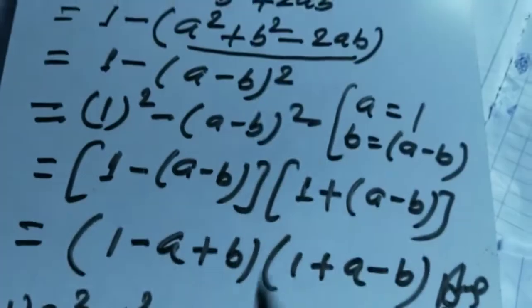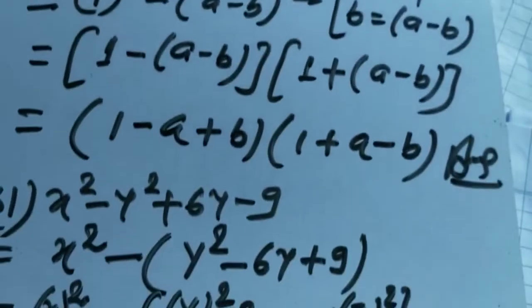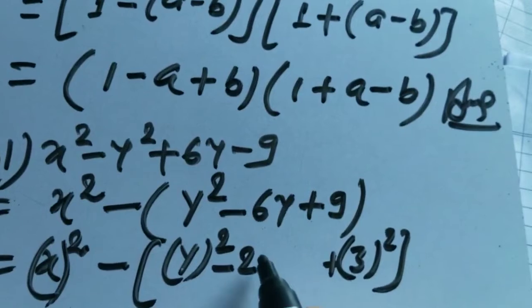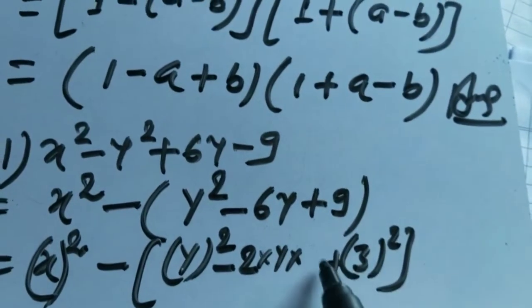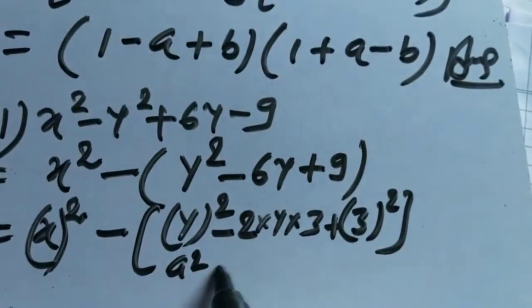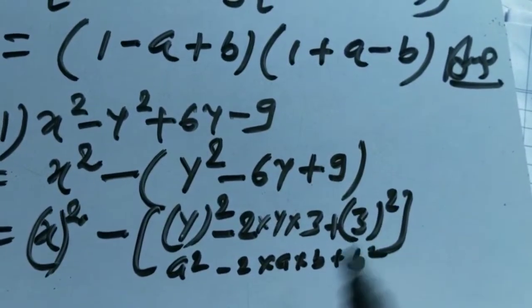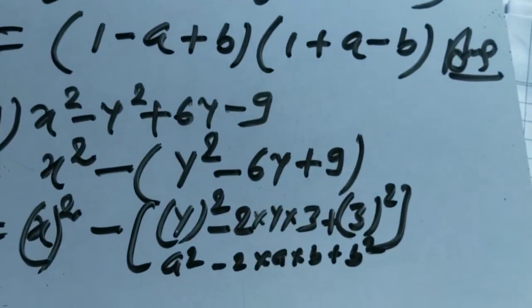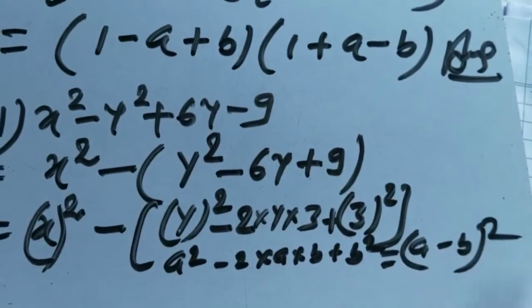So 2 is in the formula, and at the place of a you can see y is here, so write y multiplied by y, at the place of b there is 3. So this is on the formula a square minus 2ab plus b square, and its value is a minus b the whole square.